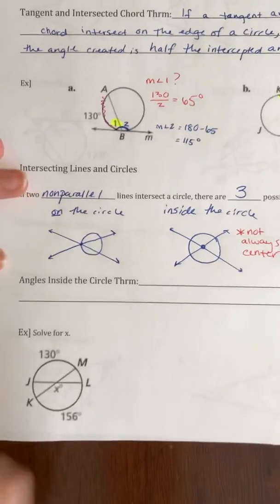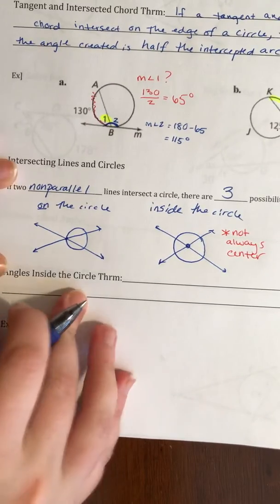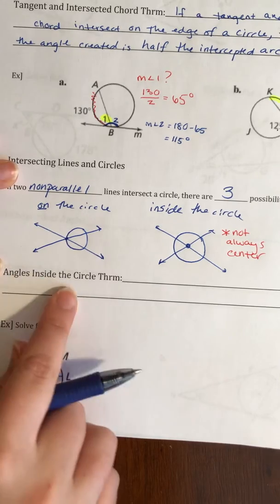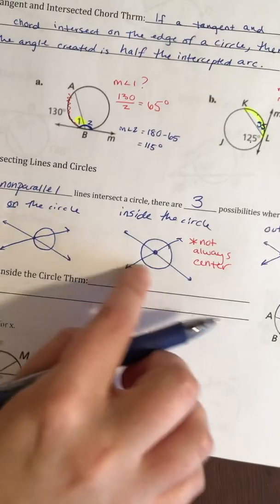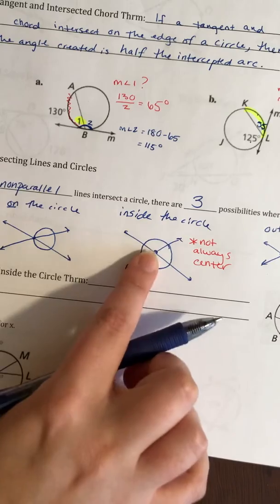There's a theorem for if it's happening on the inside: the angles inside the circle theorem. It works with lines like this.